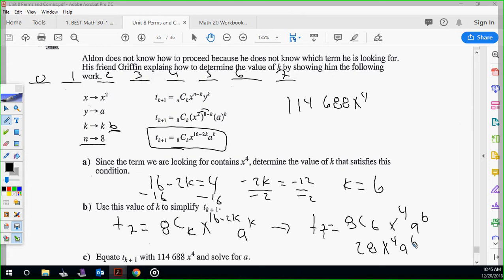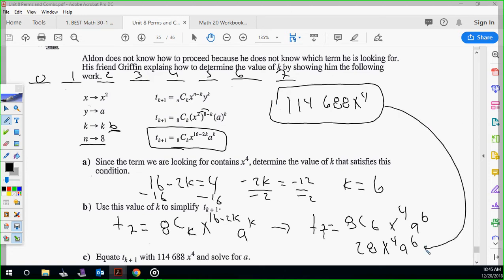How can we solve for a? Well, we can solve for a, guys, because see this value here? We know what it's equivalent to. A is a number. It's no longer a variable. So this equals that, and you're going to solve for a.